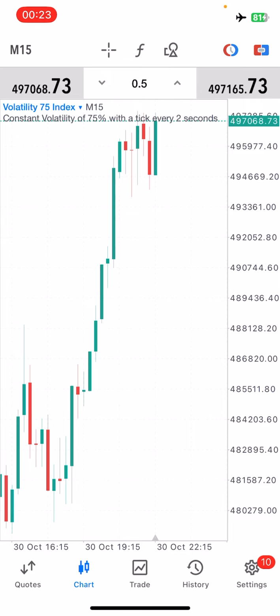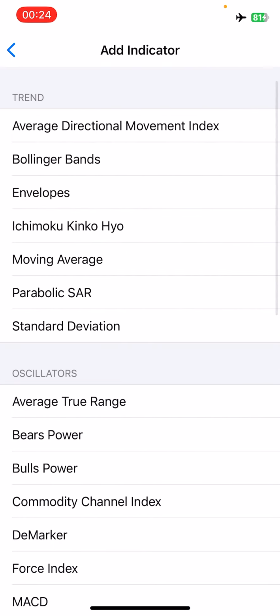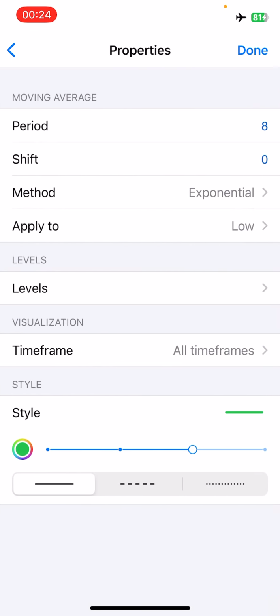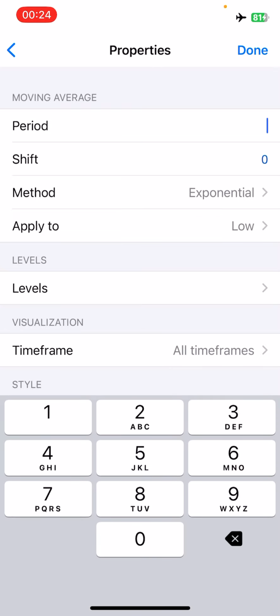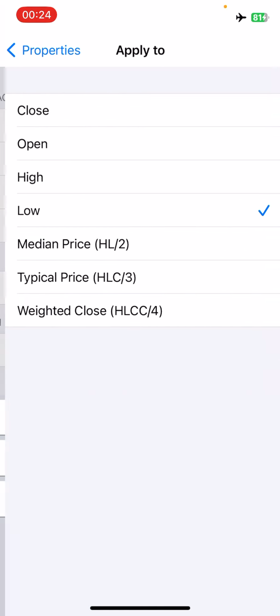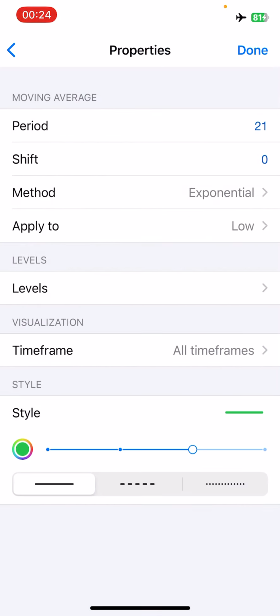Okay, so the first indicator that we want to install is a moving average, and this moving average is going to have the following properties. We're going to have a period of 21, so I'm going to change that to 21. We're going to have the shift of 0, and we're going to have the method to be exponential. And then on apply to, please make sure you choose on low. And then on levels, we're not going to need any levels for this one.